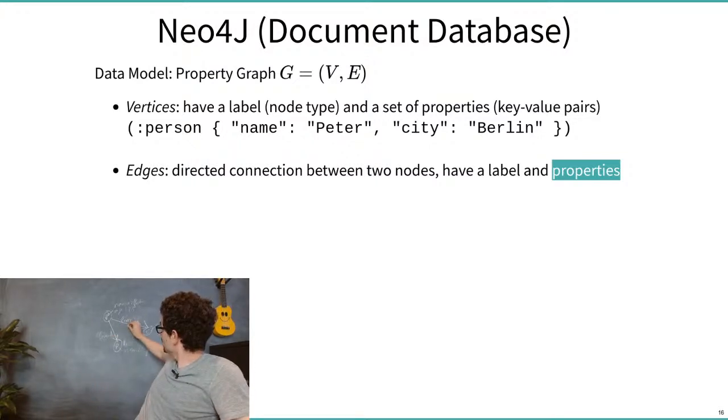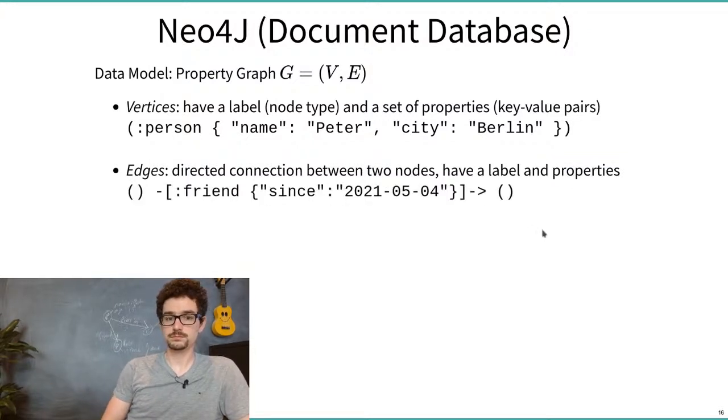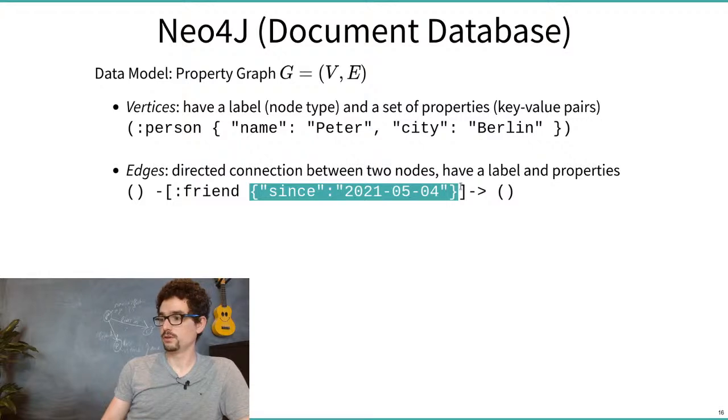So here we can also have properties which describe the relationship between two nodes further. A node and another node has an edge with the edge label friend and the property since the 4th of May.